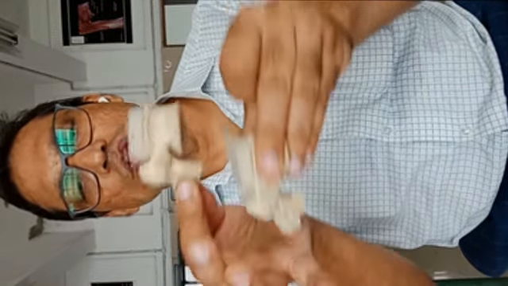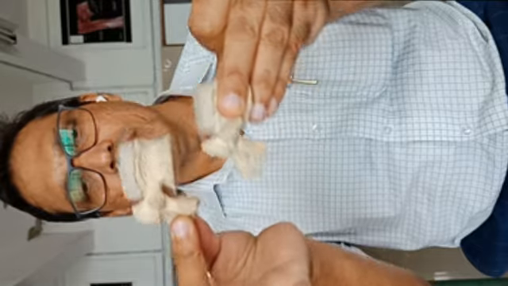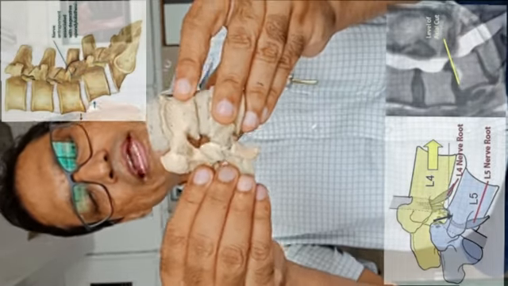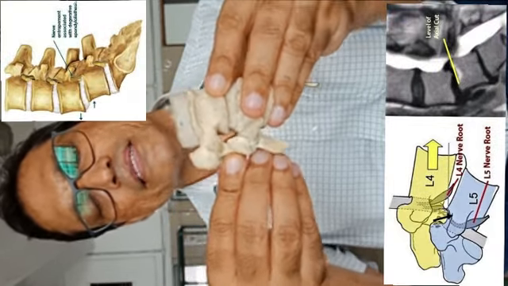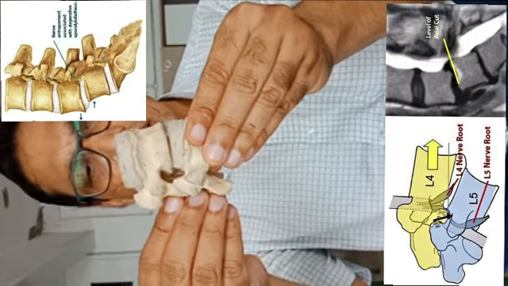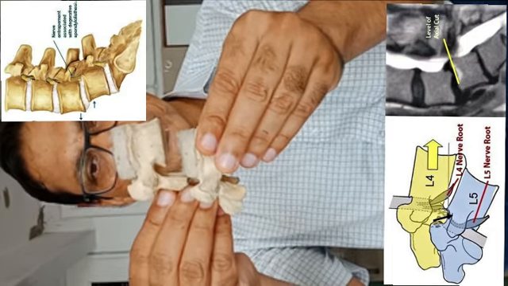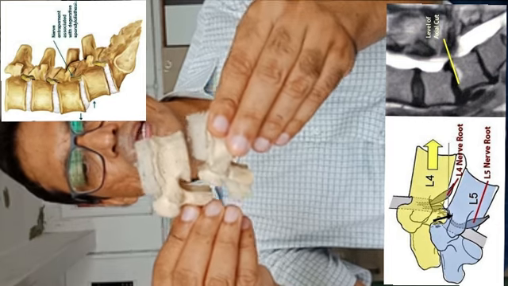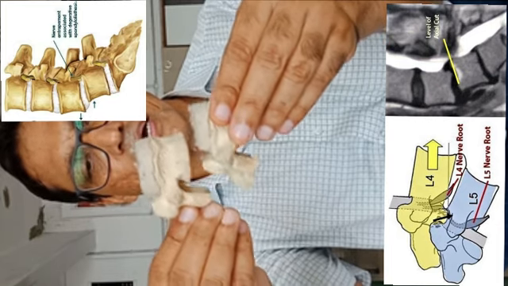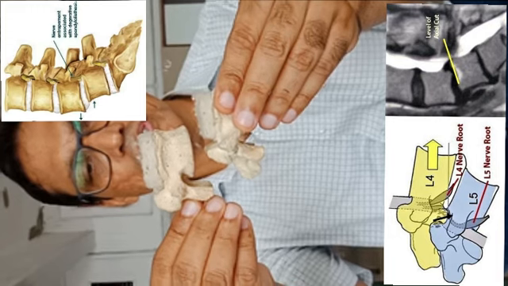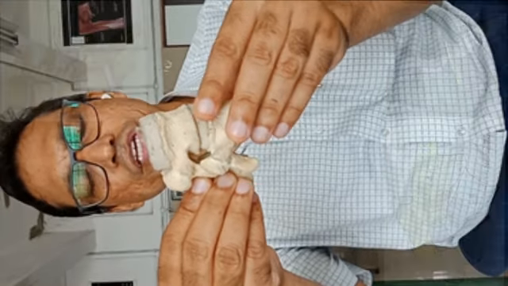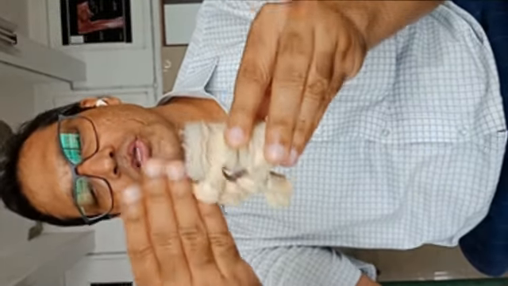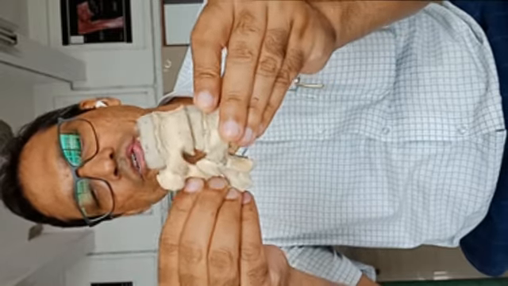If an injury occurs at this level, anterior dislocation happens, which is called listhesis, anterior listhesis or posterior listhesis. So the protection against anterior dislocation is done by this facet joint.